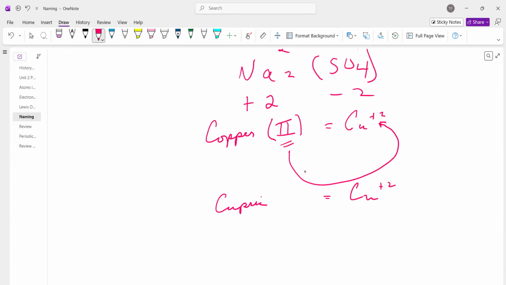And the 2 is nice because it tells you the charge. Where the ous and the ic, cuprous doesn't tell you charge. Cupric doesn't tell you charge. All it tells you is the ous part has a lesser charge than the ic part. So there's less information given with the ic's and the ous's.